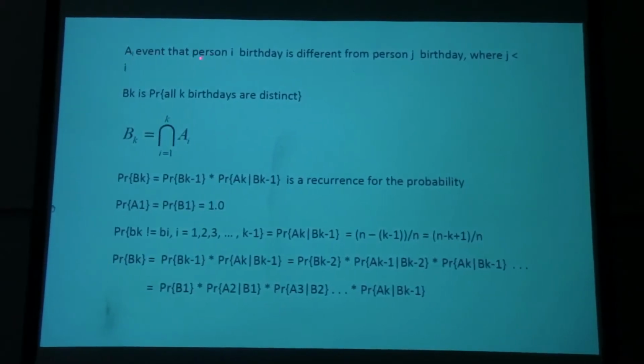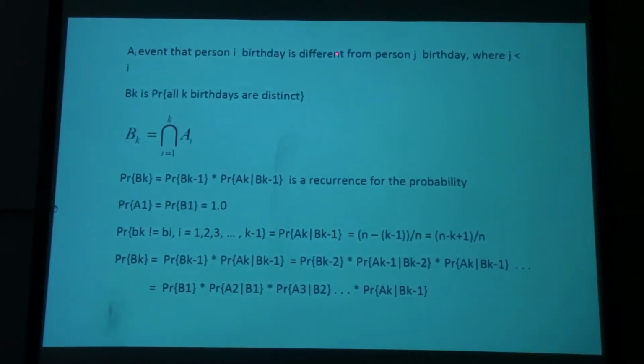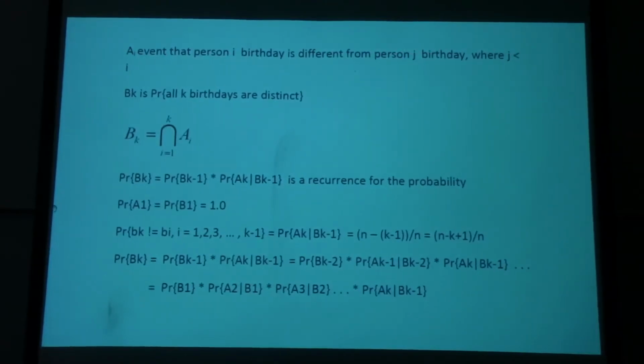A_i will be the event that person i's birthday is different from person j. So A_i is the event that person i is different from person j, where j is less than i. Okay?